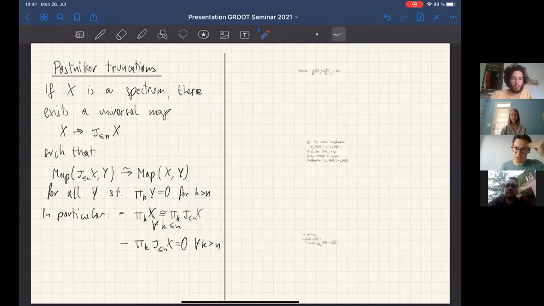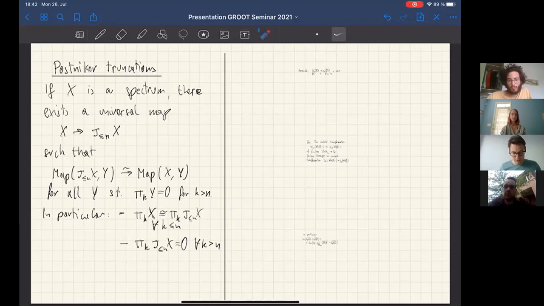So there's a notion that works in spectra, which is called the Postnikov truncation. If I have any spectrum x, then for any n there's a universal map to τ≤n x, which is also called the Postnikov truncation of x. The idea is basically to kill off all homotopy groups in degree larger than n.